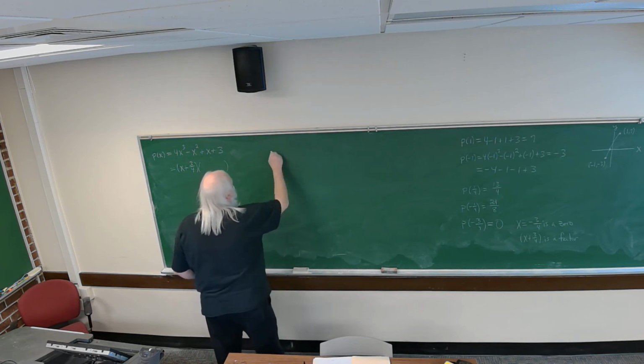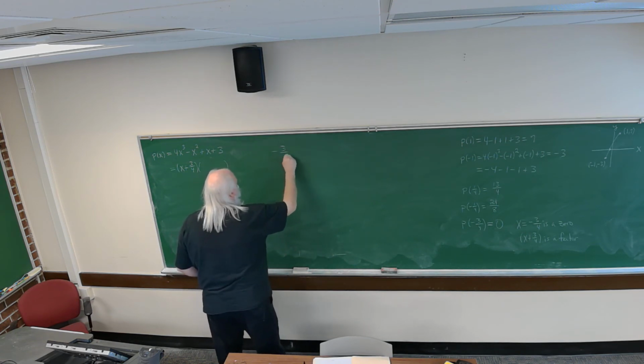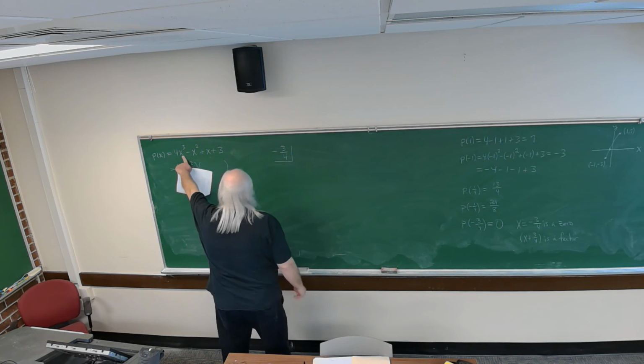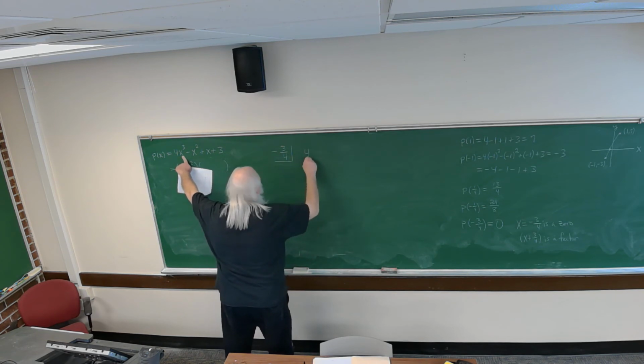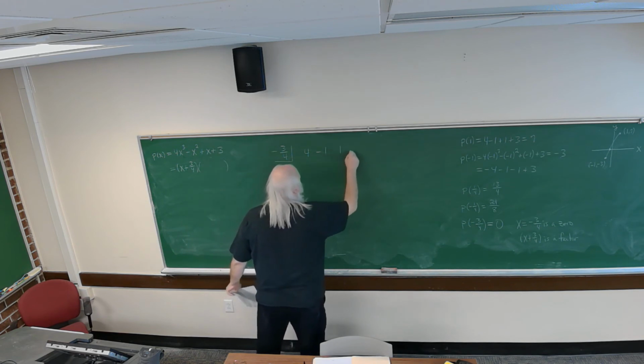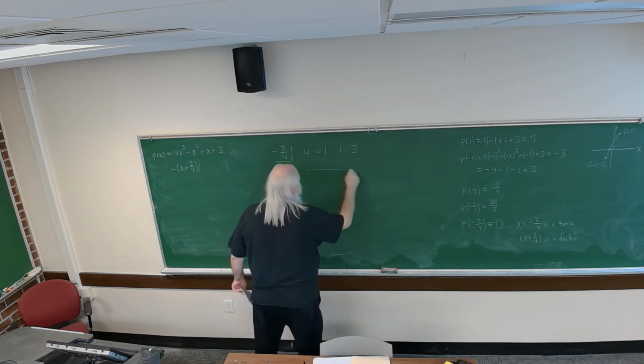So c in this case is minus 3/4. It goes in the box. And then we write out the coefficients of our third degree polynomial. 4, minus 1, 1, and 3.